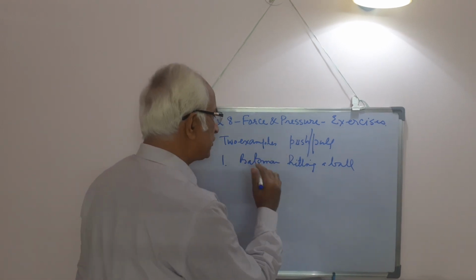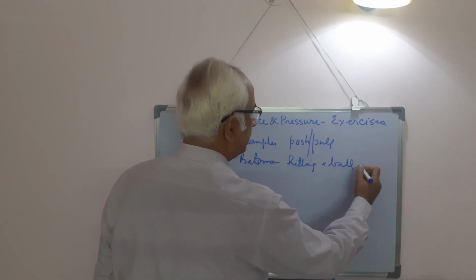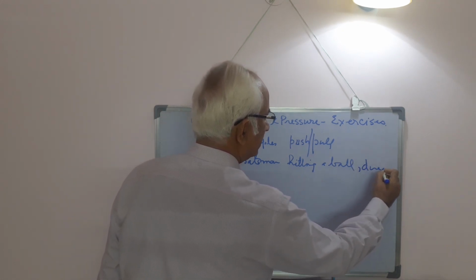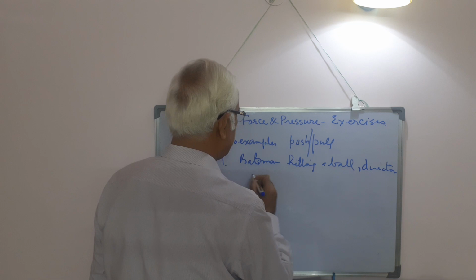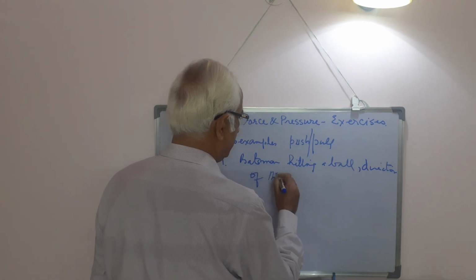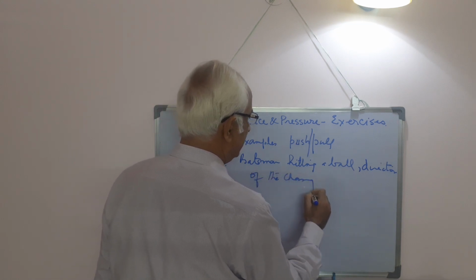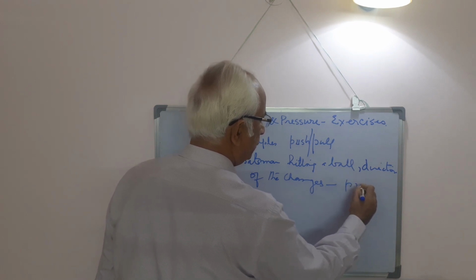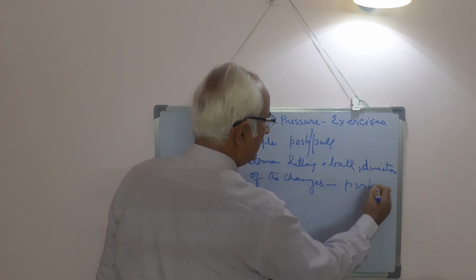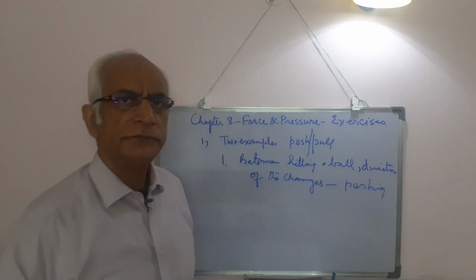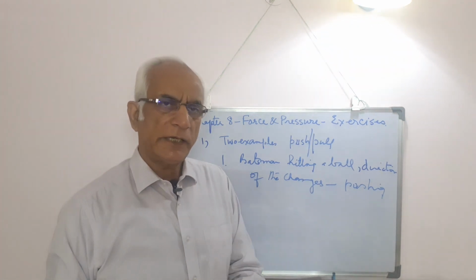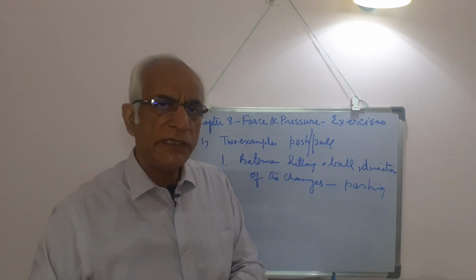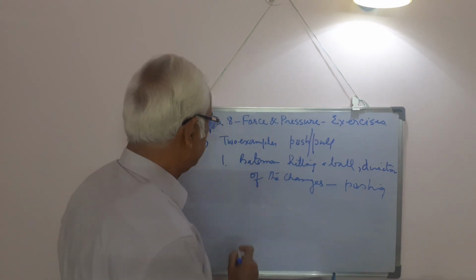So we will just mention one thing. When a batsman hits a ball, the direction of the ball changes. And this is push. We are hitting, which means we are pushing. The batsman hits a ball, that means he pushes it in a different direction.